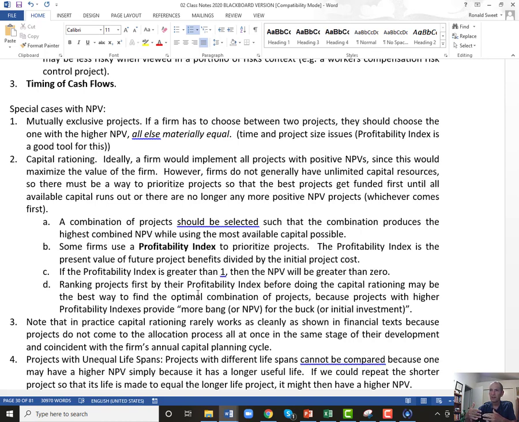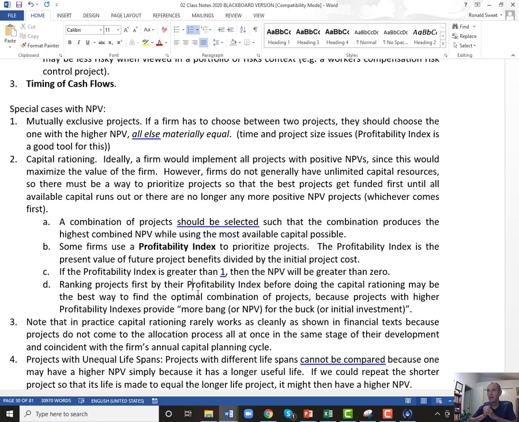But then you look and say, well, if I did 7 and 8 instead of 6, I could actually do more projects, because with project 6, I can only do that one project and I have 500 left over. But if I do 6 and 7, I don't have any money left over, but I get a higher net present value. So again, the profitability index may not give you the best overall answer, but it will probably give you a better answer.